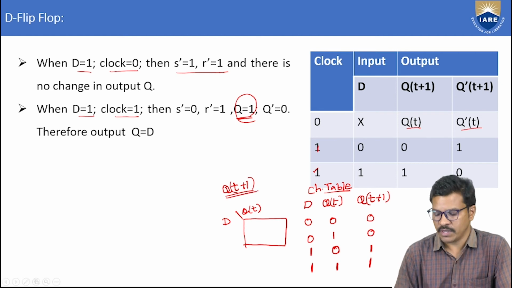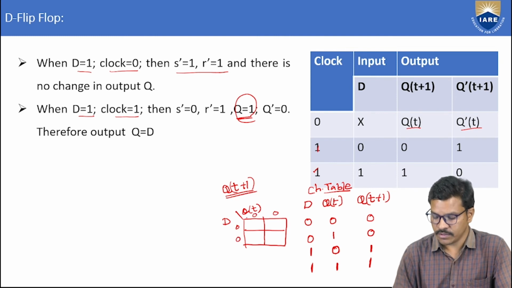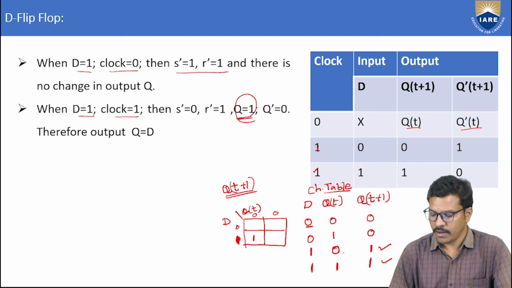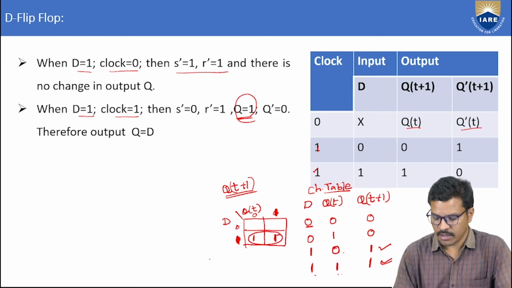We have D and Qt inputs. When D 0, Q 0, the output is 0. D 1, Q 0: logic 1 we need to provide, and D 1, Q 1. So we can make the pair. So what is the Boolean function for this Qt plus 1?